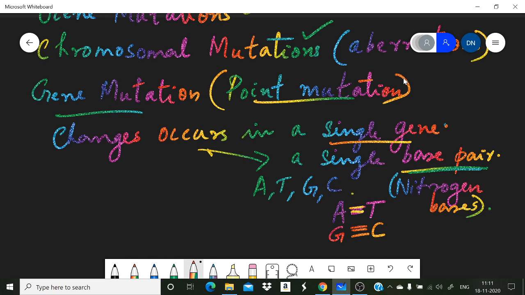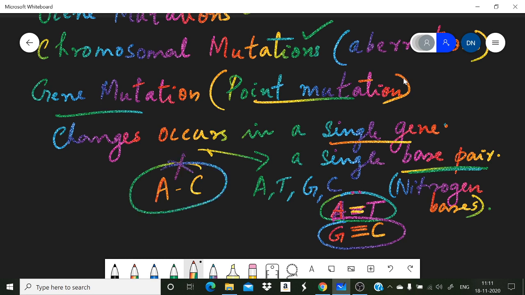That means adenine will always combine with thymine and guanine will always combine with cytosine. That means purines always combine with a pyrimidine and pyrimidines always combine with a purine. That is according to the scientist Erwin Chargaff, known as the Chargaff principle. If adenine combined with cytosine, it is not at all possible because of the size of these nitrogen bases.